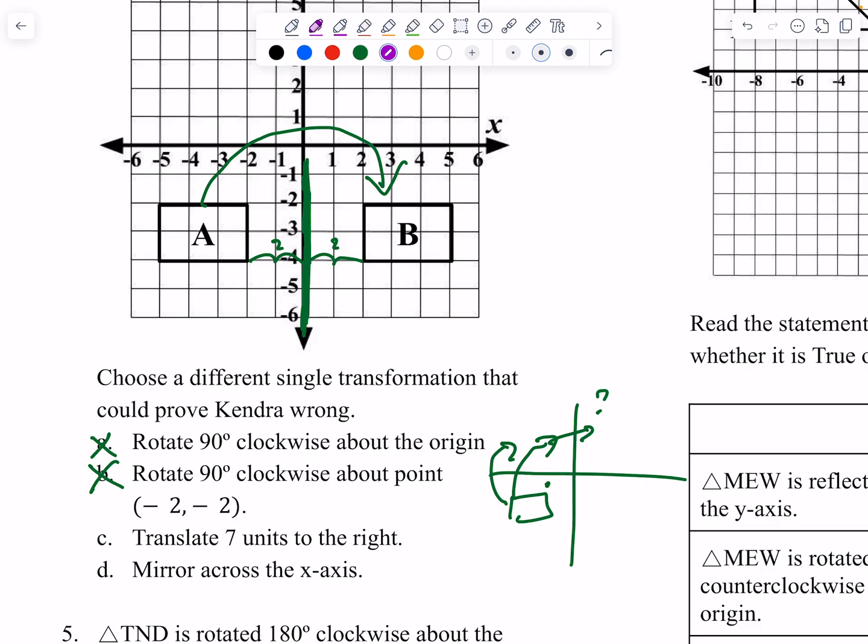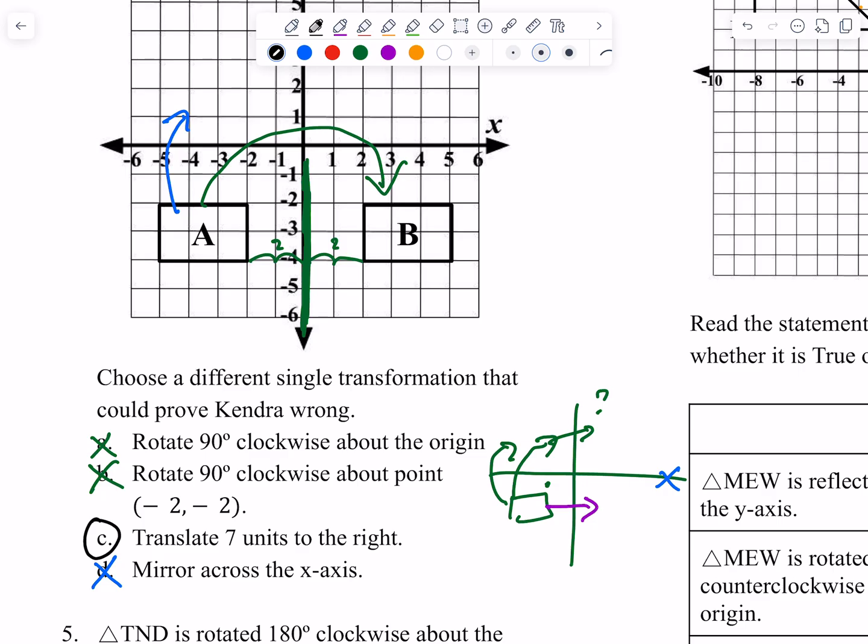Translate 7 units to the right. That means if I move it to the right, will that work? Ooh, it might. And then my last option was to reflect across the x. If this is my x, if I reflect it, it should end up over there. So it can't be that one.